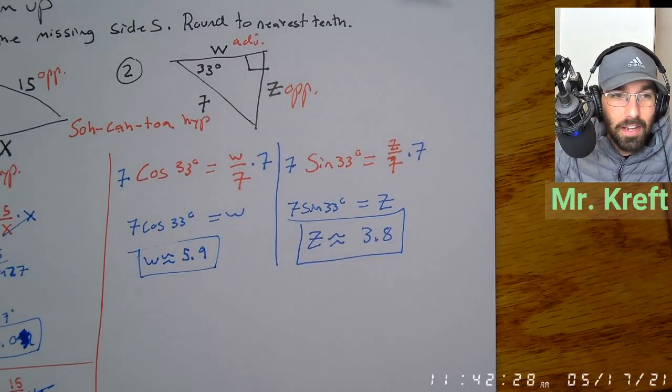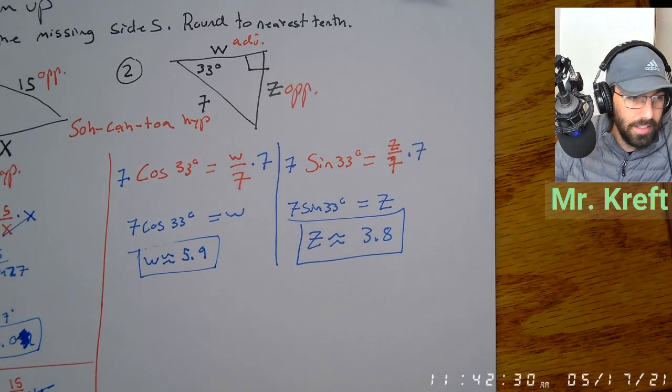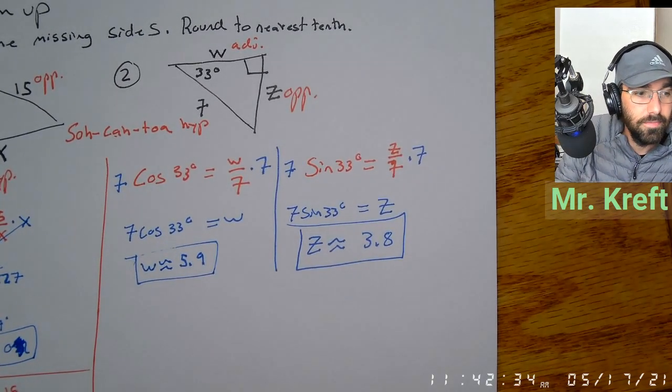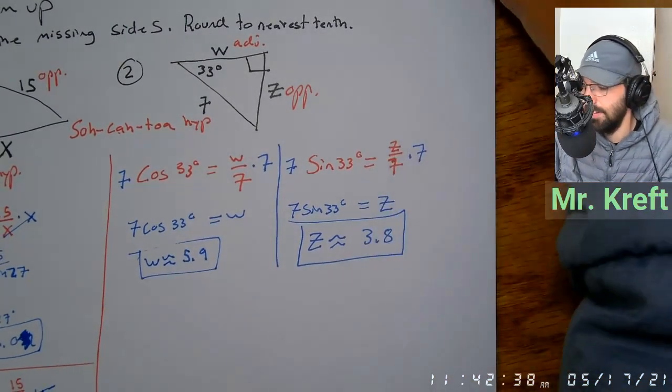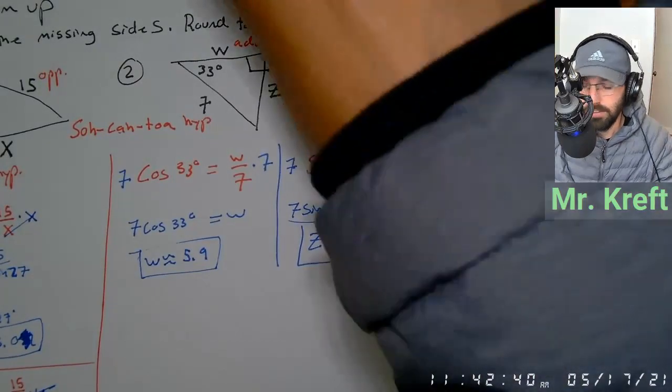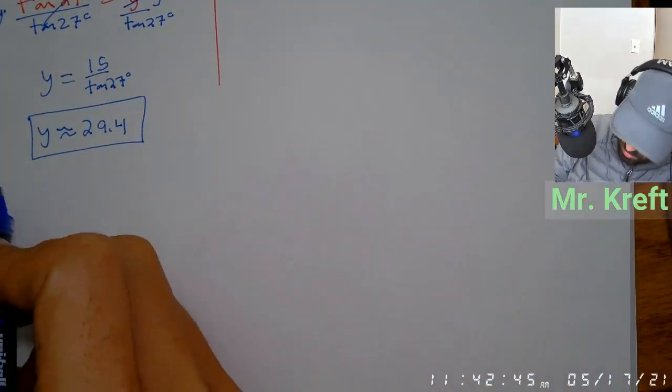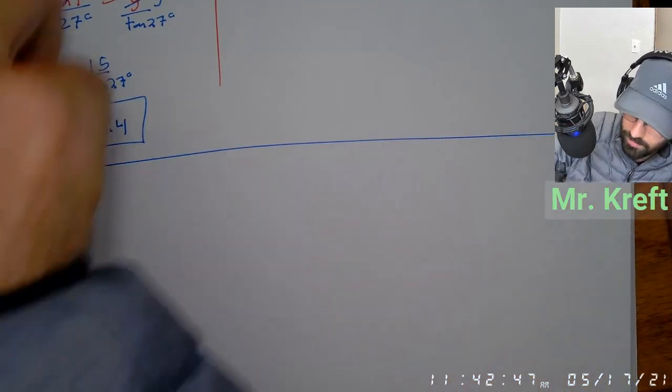So, anybody have questions before we move on? Like I said, we're going to be doing angles and talking about that today. Okay, so it doesn't look like anybody is writing any questions, so let's dive into the new stuff.